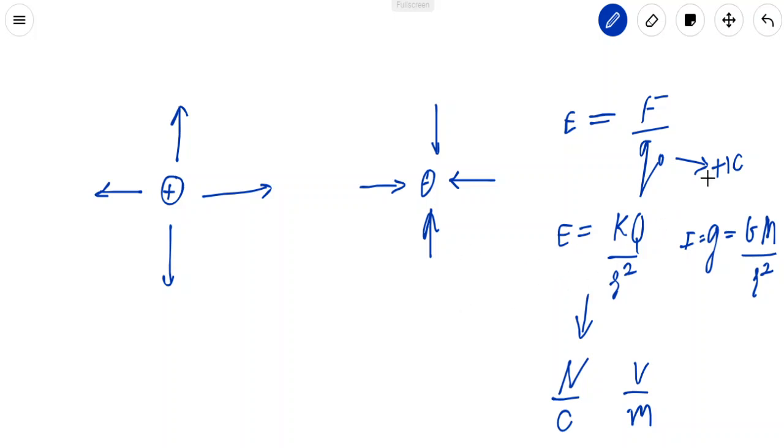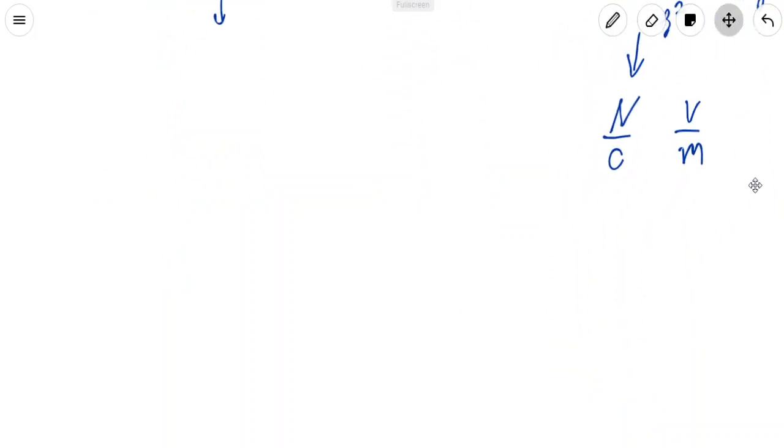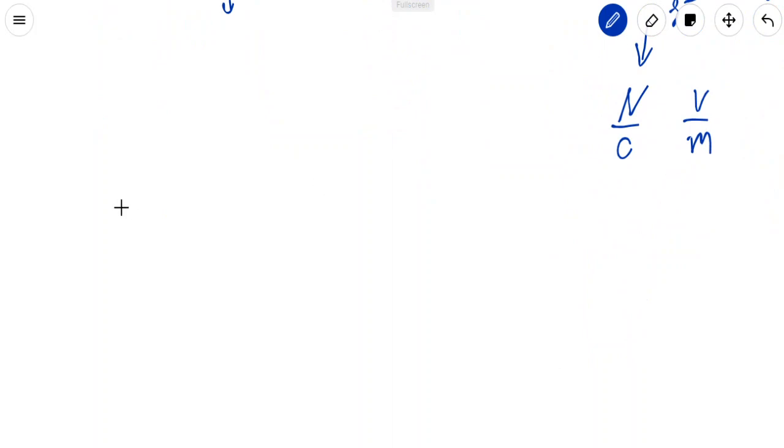Okay friends, when we try to find electric field, the only thing you have to remember is that the electric field discussed so far, until this point, is about point charge.